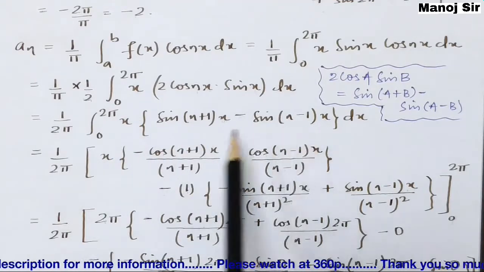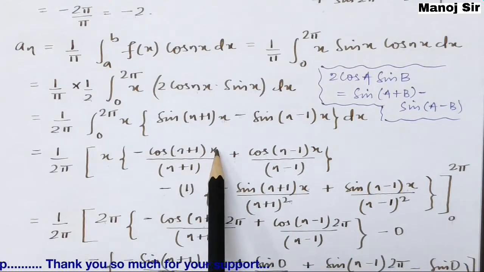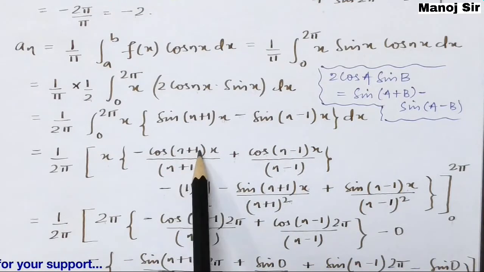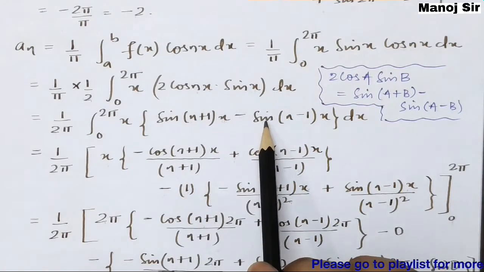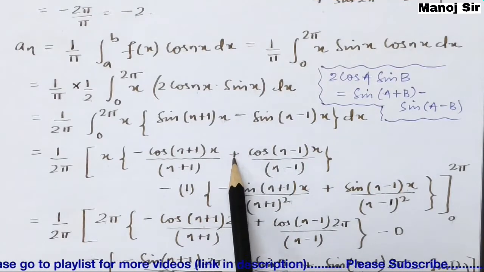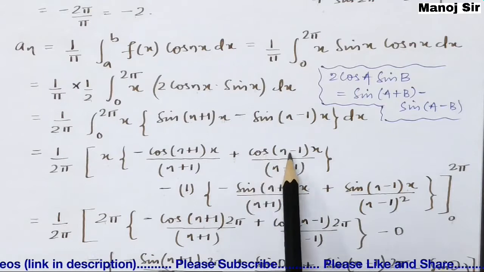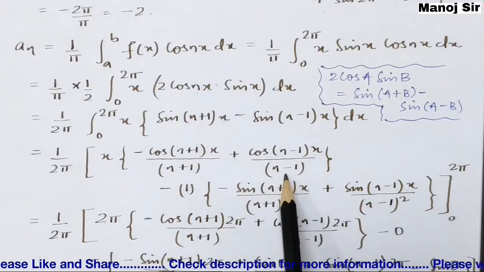The integration of the second function, that is sine, will become minus cos. Minus cos n plus 1 into x, and the coefficient of x is what? N plus 1. So write n plus 1 in the denominator part. Now again sine, integration of sine will become minus cos. Because of this negative, this will become positive. So this is going to be cos of n minus 1 into x upon coefficient of x, that is n minus 1 in the denominator part.